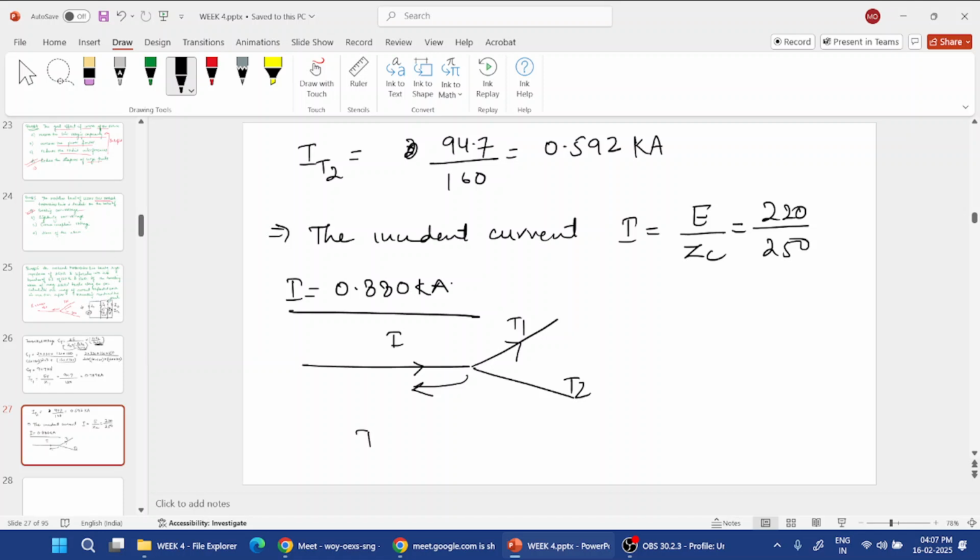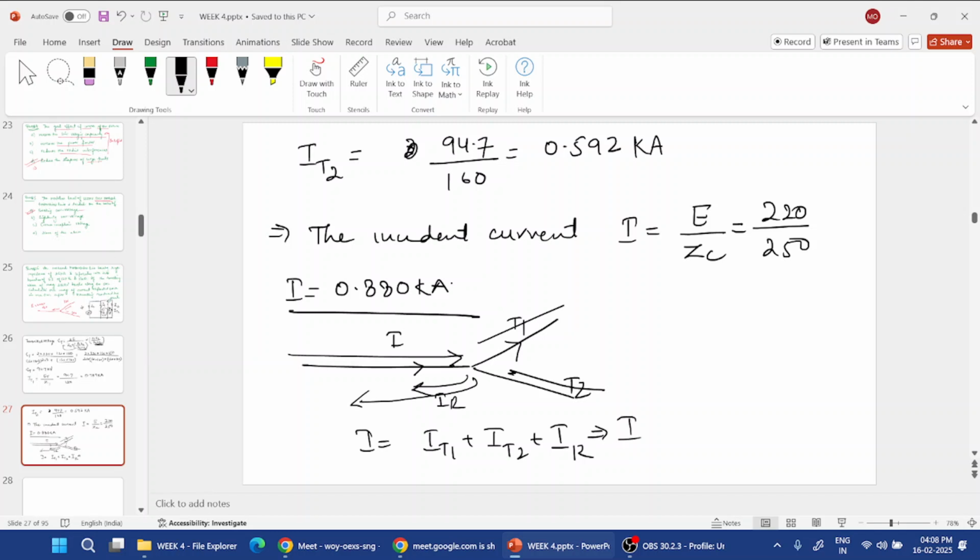So the incident current is equal to IT1 plus IT2 plus IR, because this much amount of current will be coming, some portion will get transmitted over here and over here, and some will be reflected back.